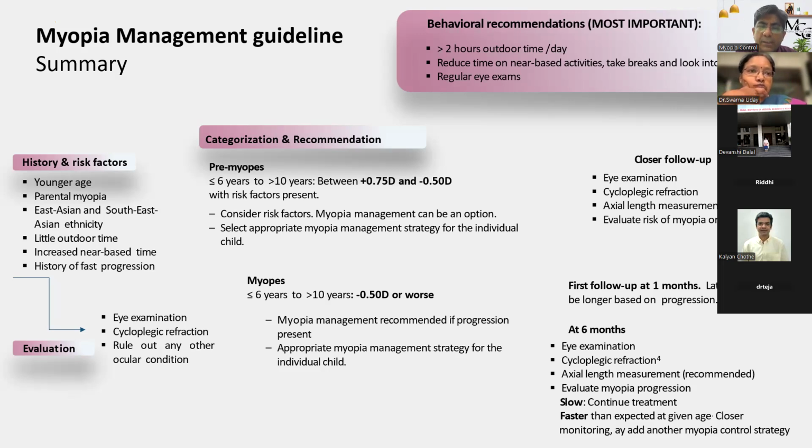We had presented this finding in 2023 at AIOS that atropine 0.05% is a good option. It is not available in the market, and so there are not many takers for that at this point of time. But it will be available in a couple of months, and then there will be more and more discussion on when to use 0.05 and when to use 0.01.